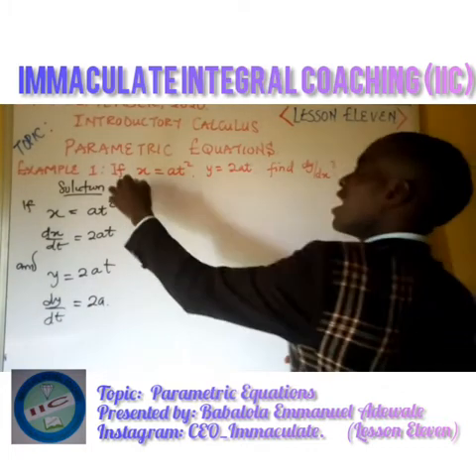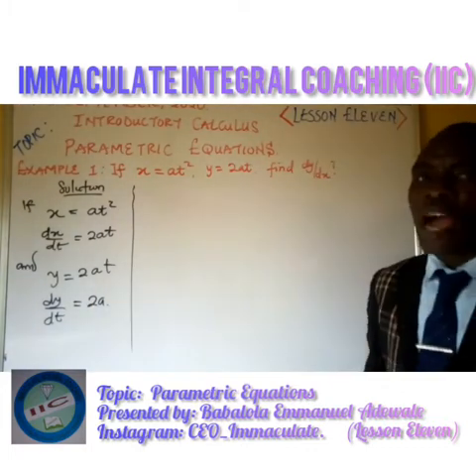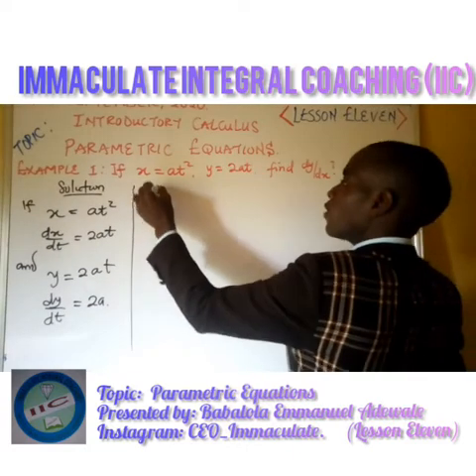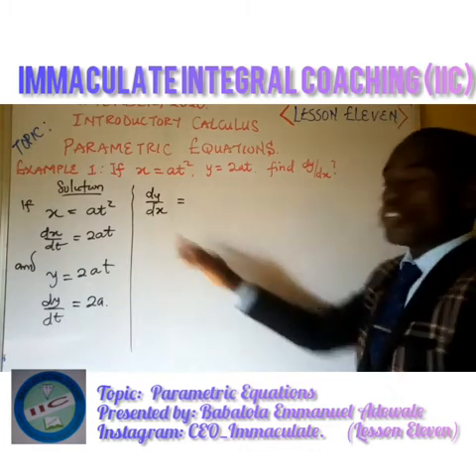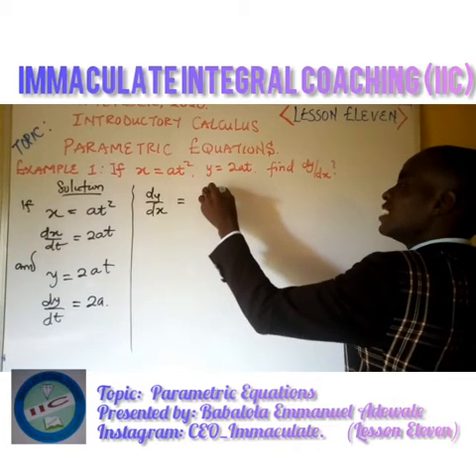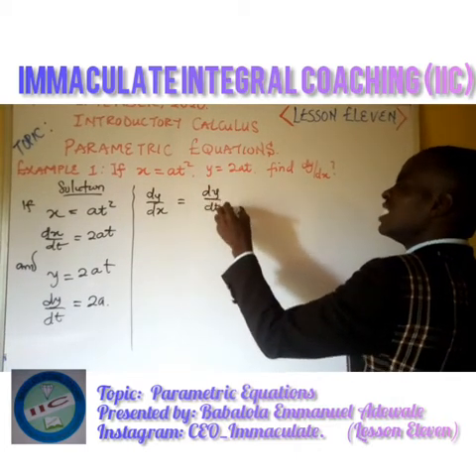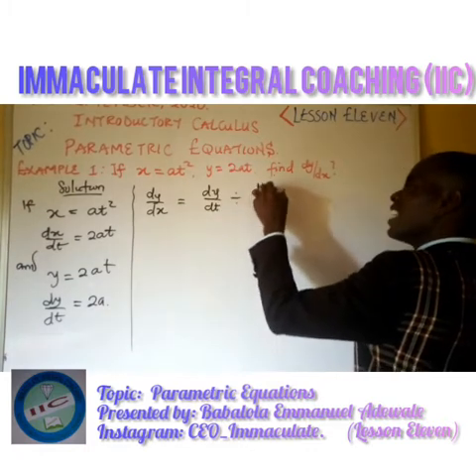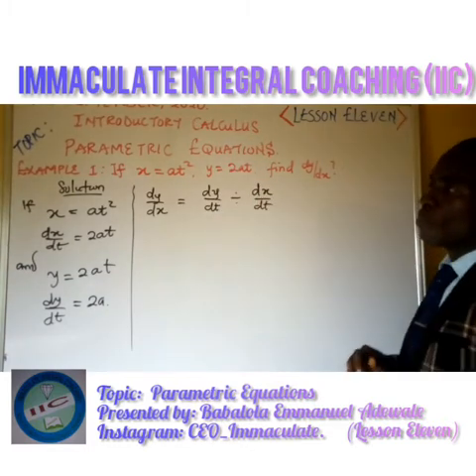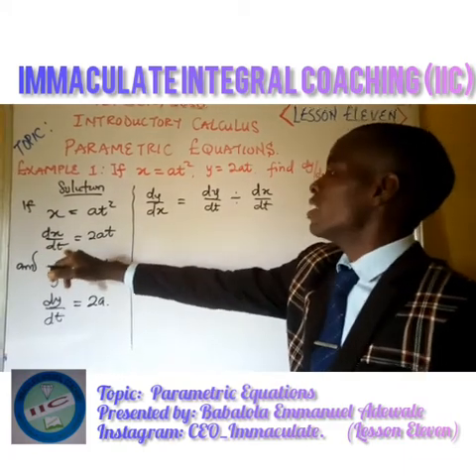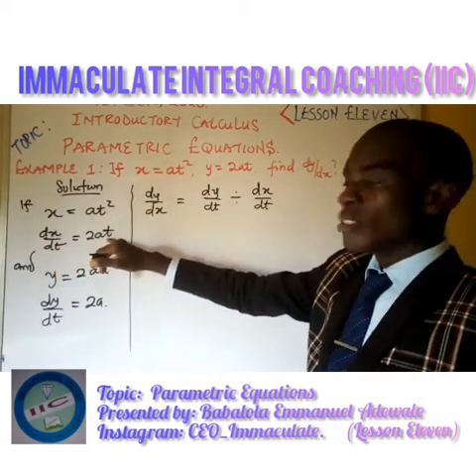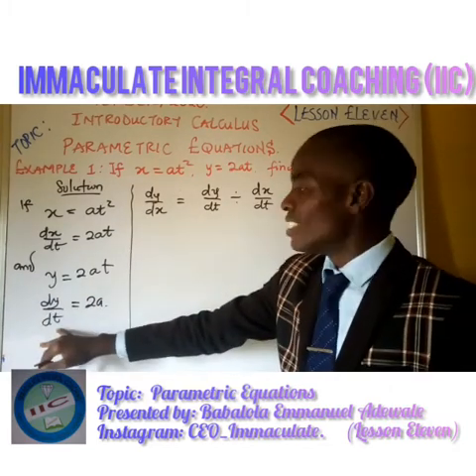From here we apply our chain rule, dy/dx equals dy/dt divided by dx/dt. And we know that dx/dt is 2at and dy/dt is 2a.